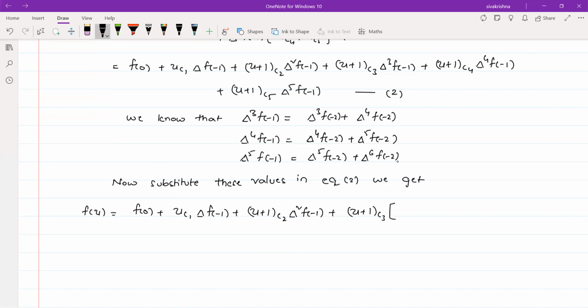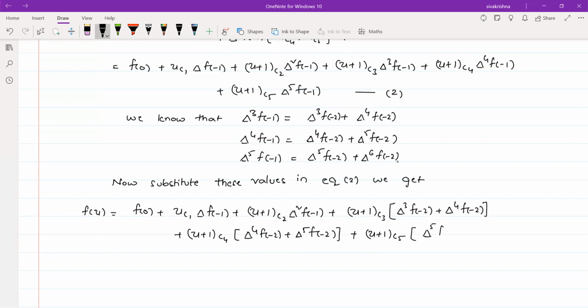In place of delta cube f of minus 1, we write delta cube f of minus 2 plus delta power 4 f of minus 2. Coming to the next term, (u+1)C4 into delta power 4 f of minus 1 can be written as delta power 4 f of minus 2 plus delta power 5 f of minus 2. Finally, plus (u+1)C5 into delta power 5 f of minus 1 can be written as delta power 5 f of minus 2 plus delta power 6 f of minus 2, plus and so on.